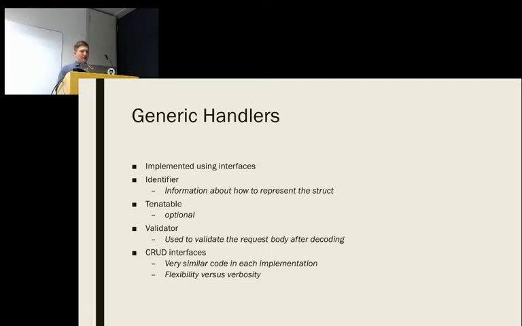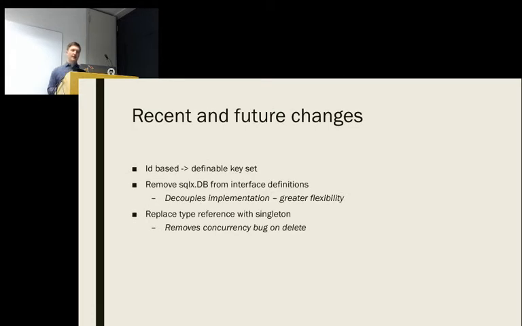What else? A couple of these I already talked about. As we, in the future, move away from ID as a primary key, or just for profile parameters and some of the other things that aren't using ID, we had to change it to use the definable key set.